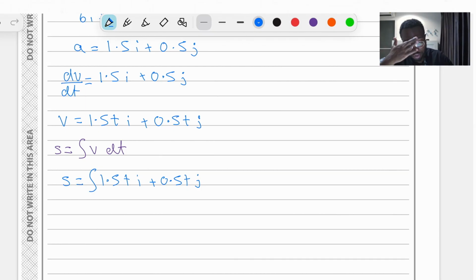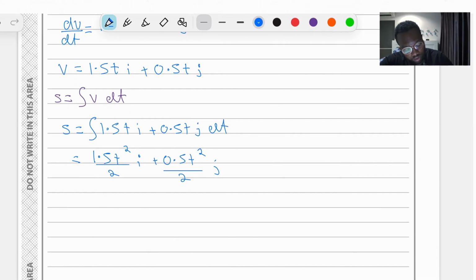Okay, so let's integrate this now with respect to t. If we integrate this, we get 1.5 t squared over 2, and that's an i. Then we get 0.5 t squared over 2, and that's a j.